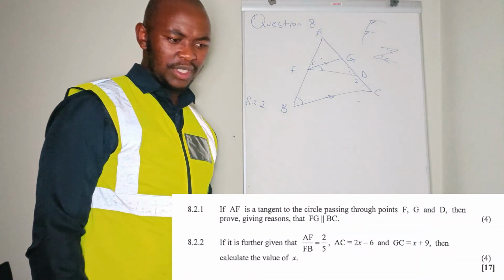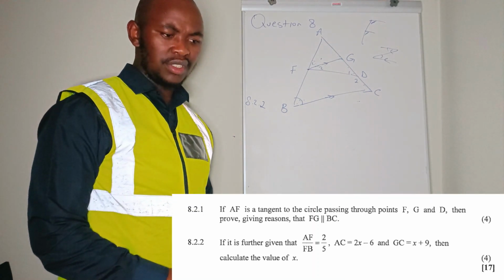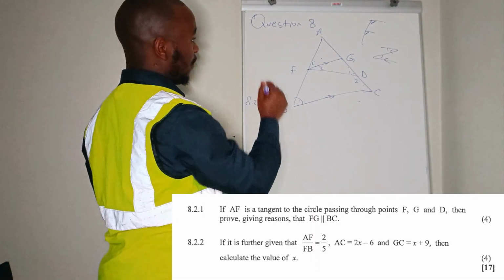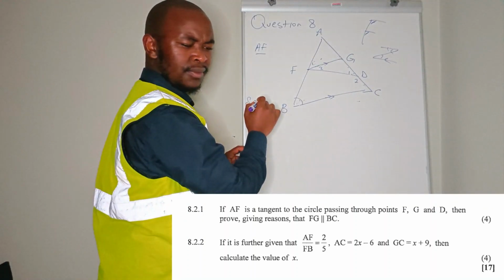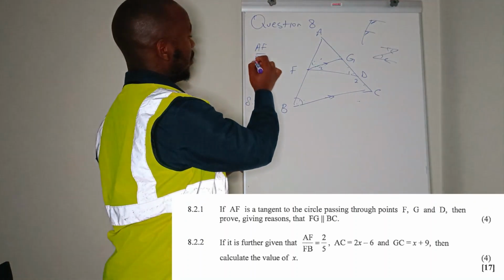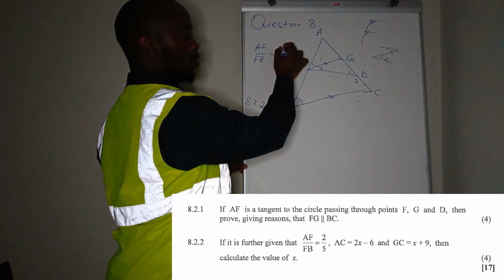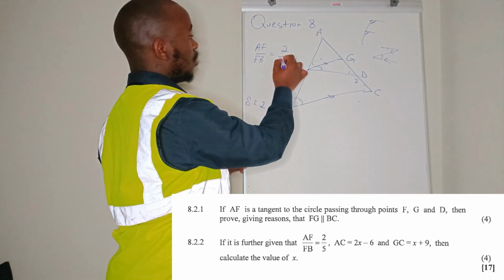Alright, next question. We are told that AF over FB is equal to 2 over 5.